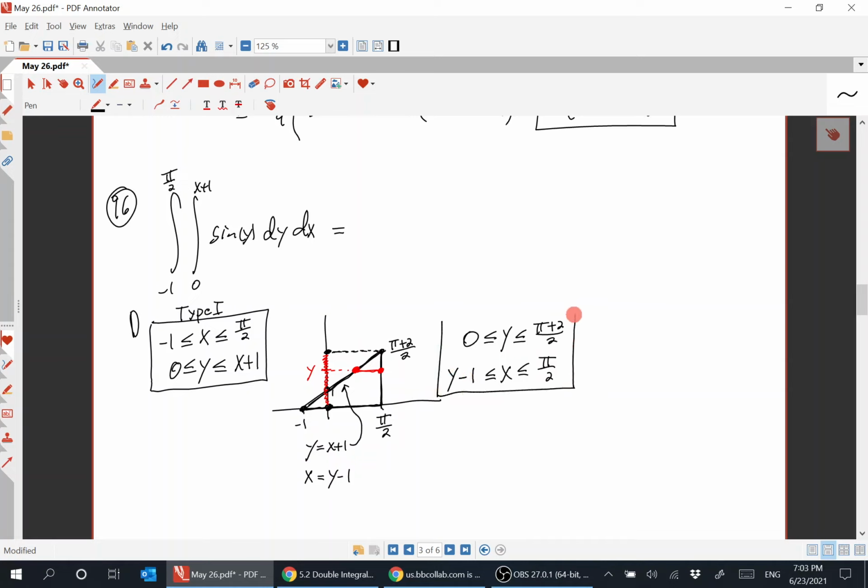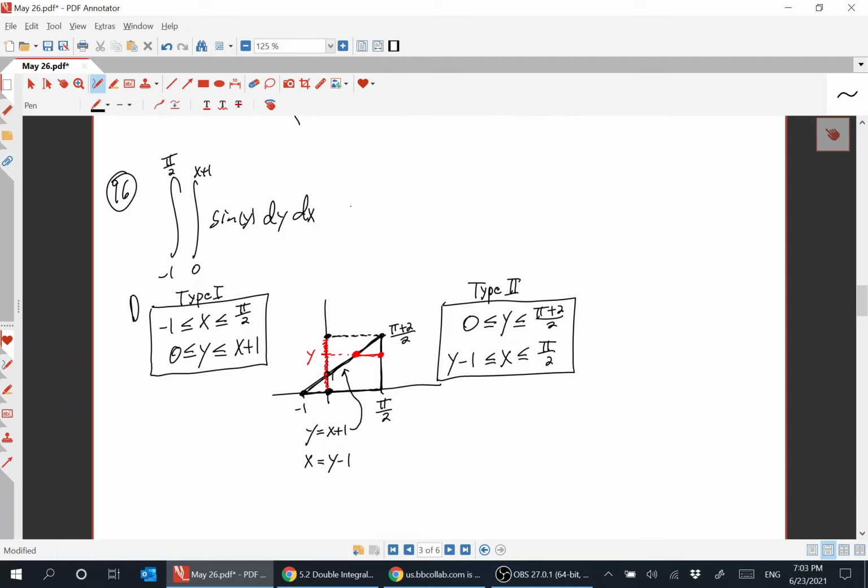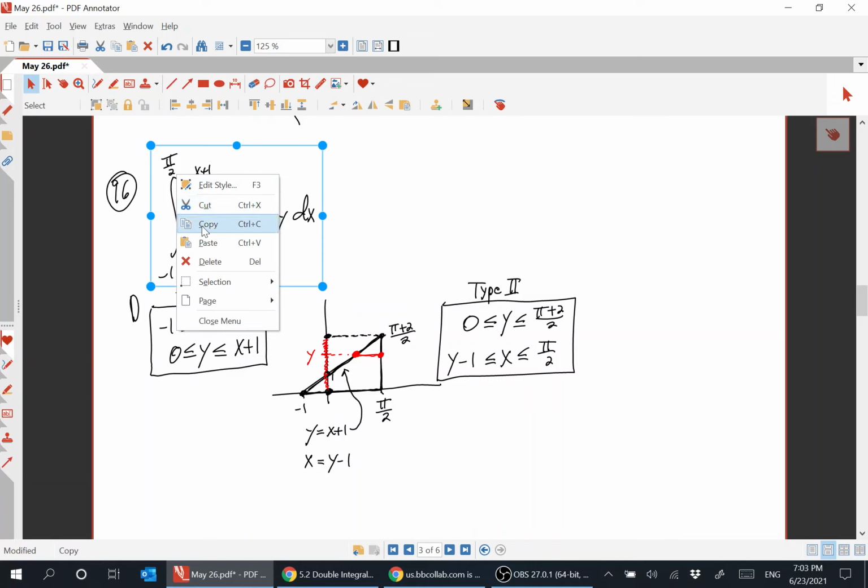So this is a type 2 description of that region. Now we can rewrite the integral in terms of that type 2 description.